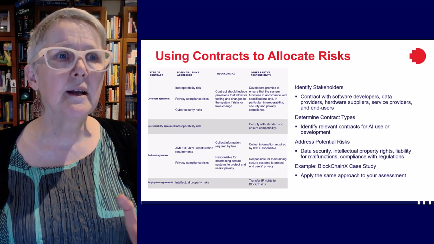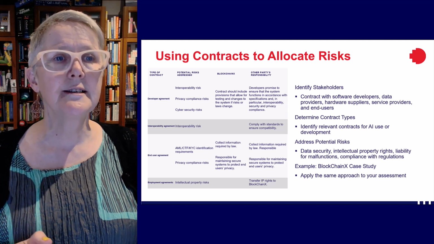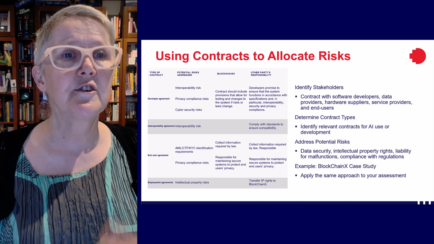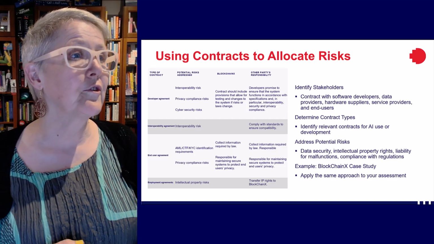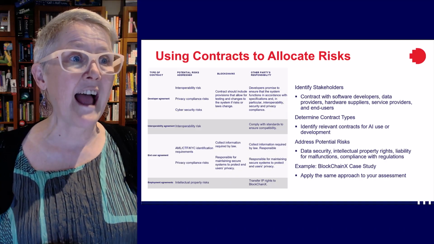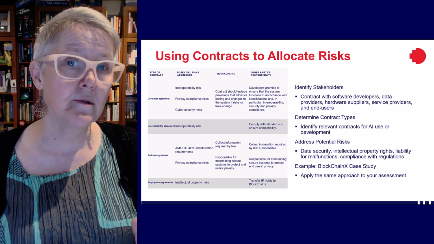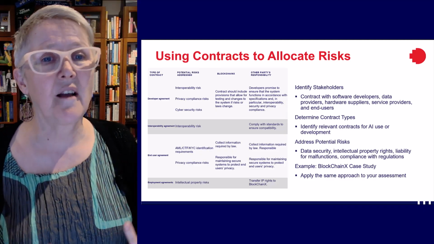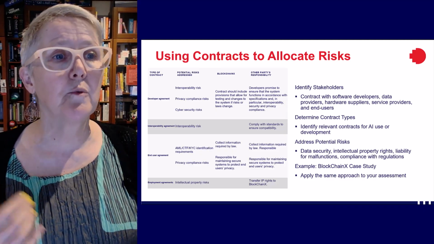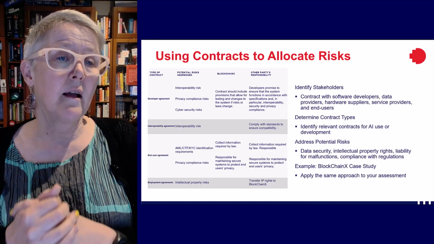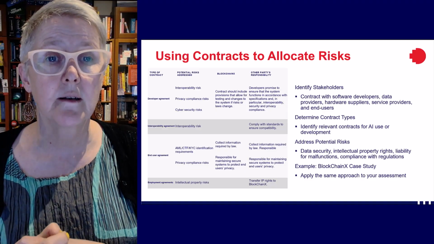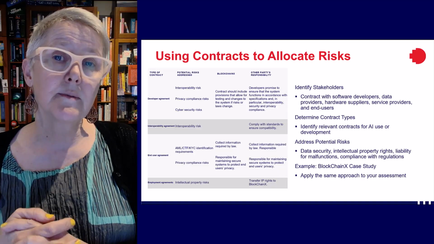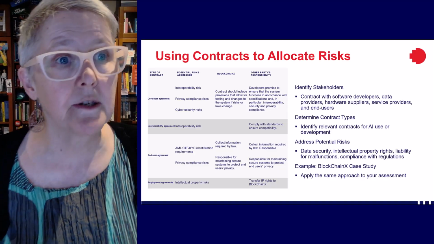There's a really good exercise there that will help you identify stakeholders and determine the different types of contracts you might be using if you've got some kind of AI development or use. I think the materials are really useful to help you address the potential risks, including things like data security, intellectual property rights, which we'll talk about in more detail in coming weeks, and compliance with the regulation, which we're talking about pretty much every week.